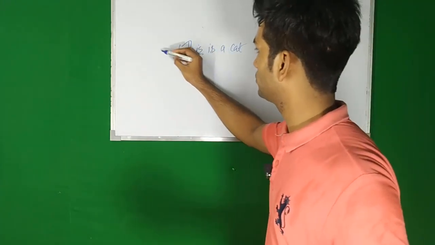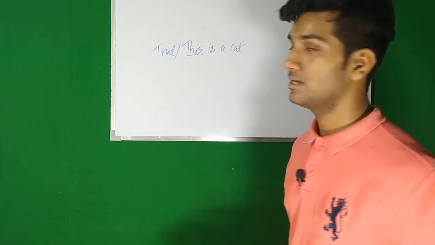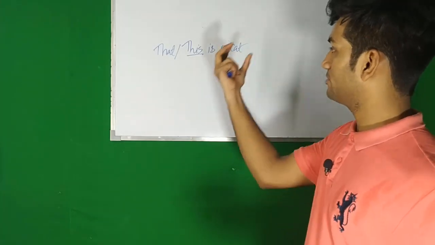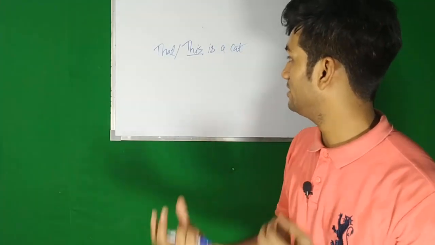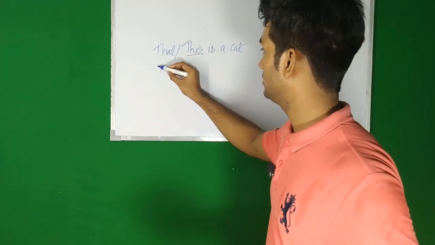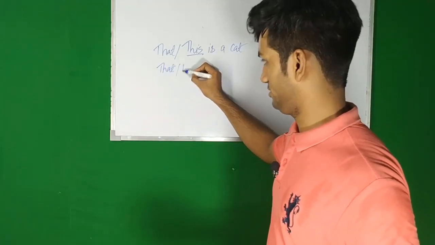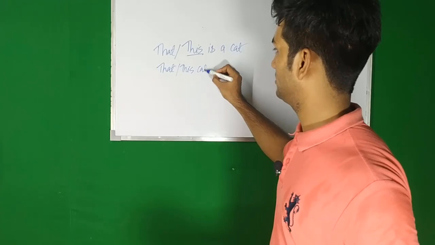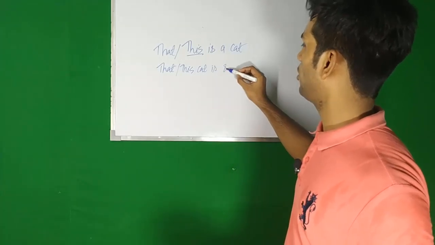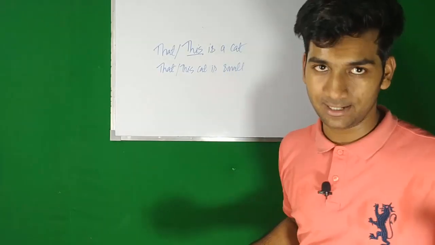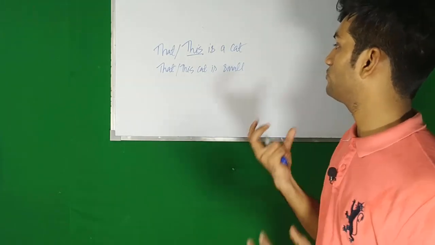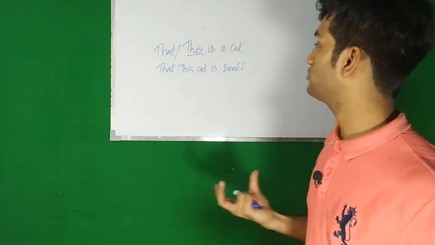I can say that too. That is a cat. But if I use a noun after it, it becomes a demonstrative adjective. For example, that or this cat is small or dangerous or mine. All right, this is the difference between a demonstrative adjective and a demonstrative pronoun.